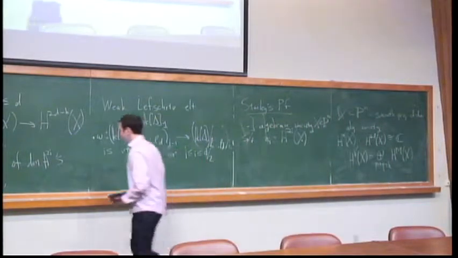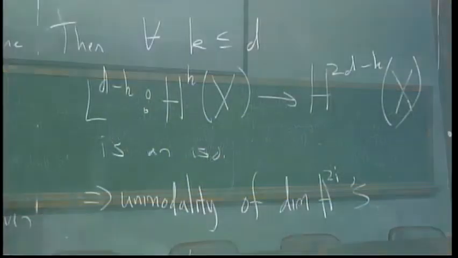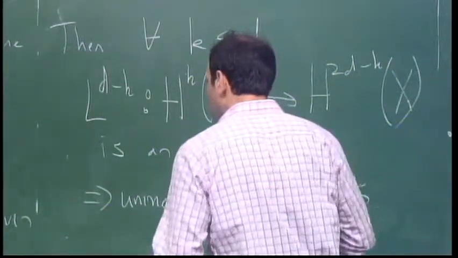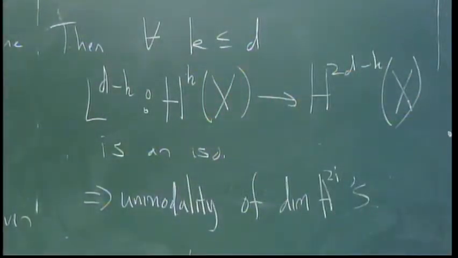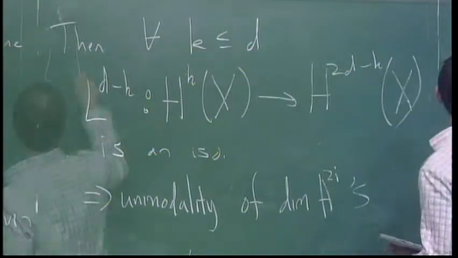All right, so now this hard Lefschetz actually lets us break up the cohomology in nice ways. So we get a Lefschetz decomposition of the cohomology.